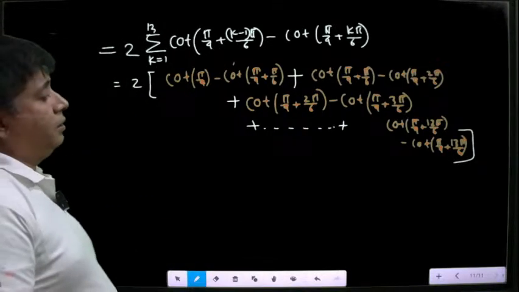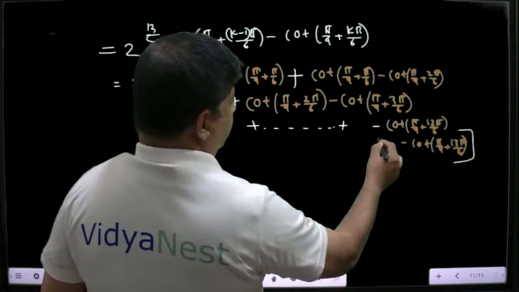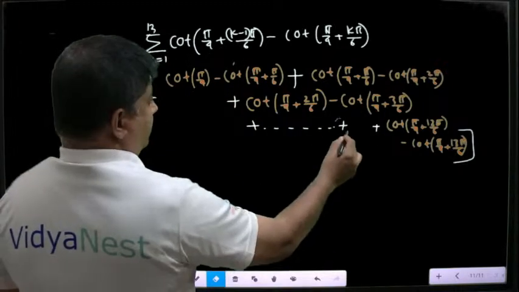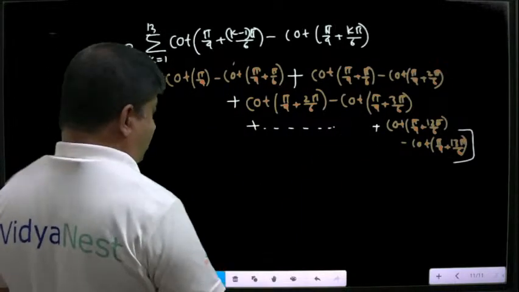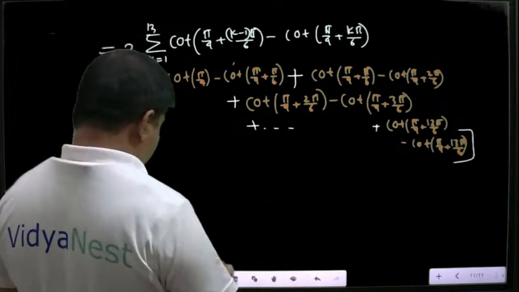Now, previous to last term also you write. Previous to last term. Better, if you want to get grip on calculation.